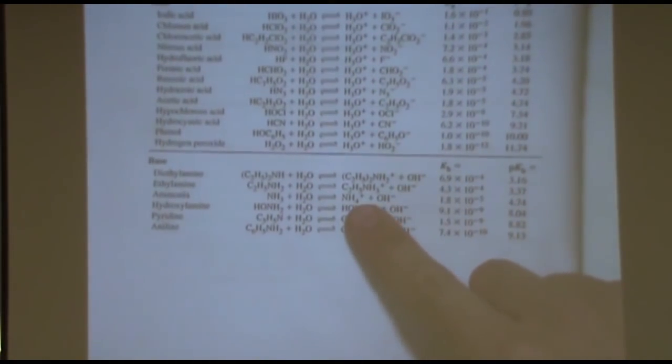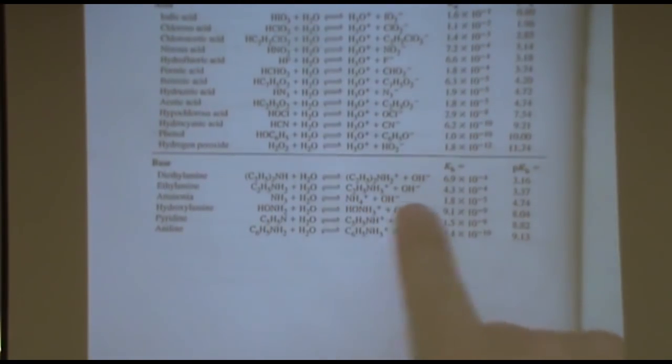So if you look here at what I would give on my test, NH4 plus is right there, but it gives you the Kb for ammonia, 1.8 times 10 to the minus 5. So you have to convert it by saying Ka is Kw over Kb. The Kb was the number just off the table there. Where do you get Kw? It's also on the back, 10 to the minus 14.